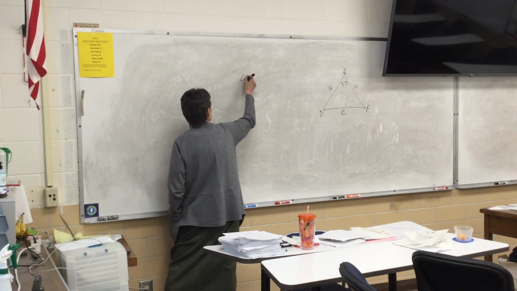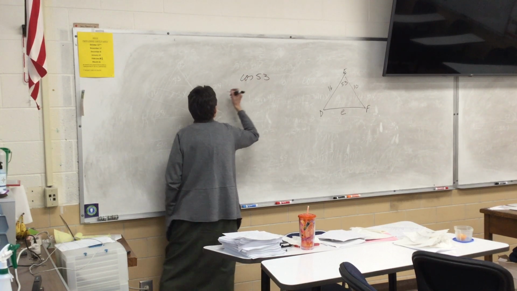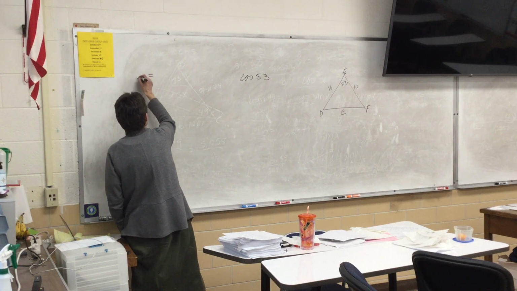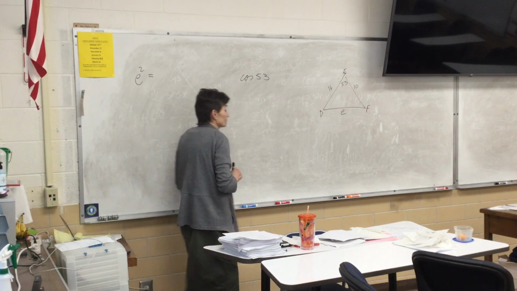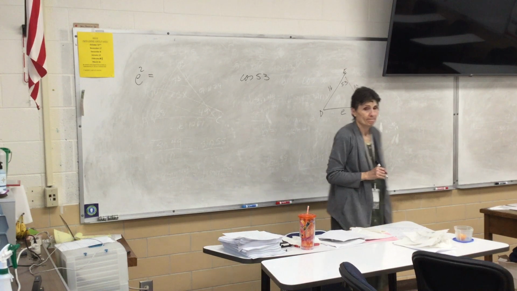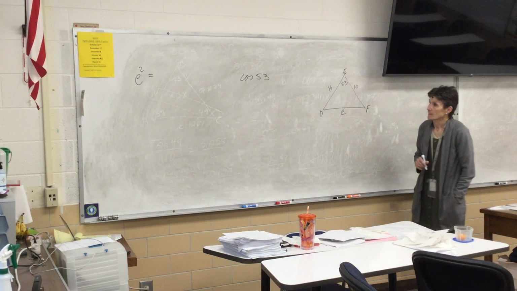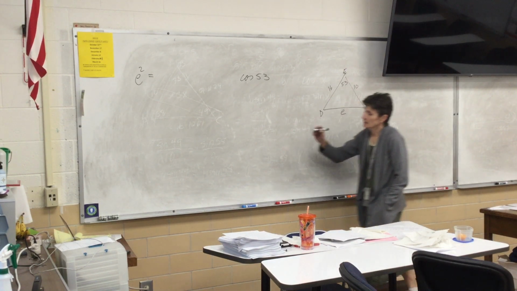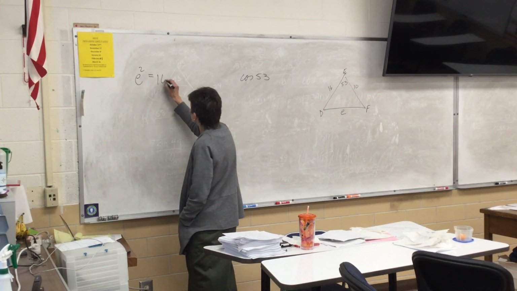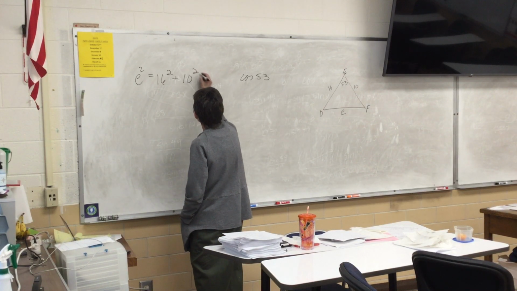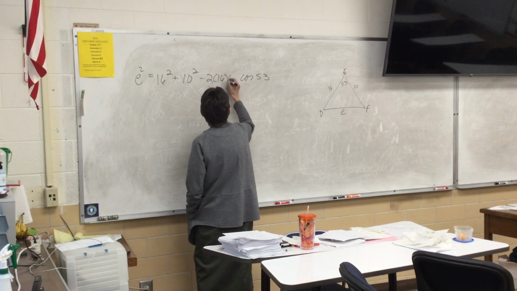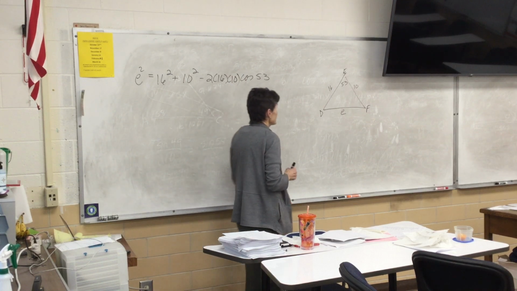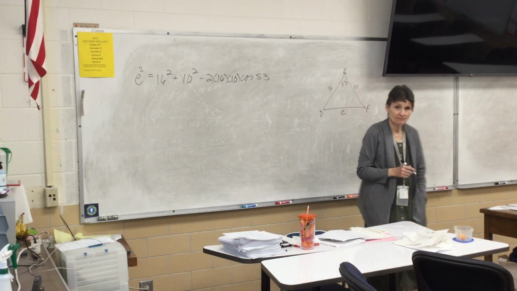So we got cosine 53, and on this end, I'll have e squared. And then in the middle, I'll have 16 squared plus 10 squared minus 2 times 16 times 10 times the cosine of 53.